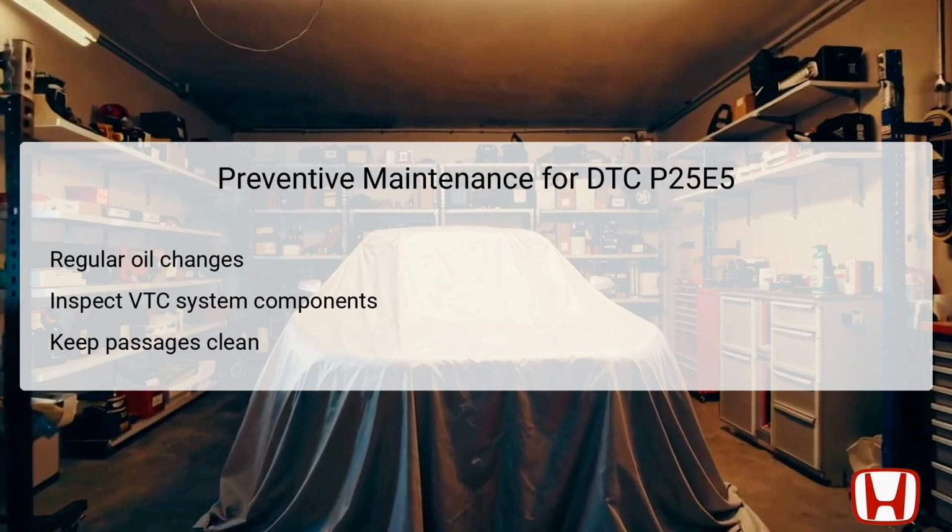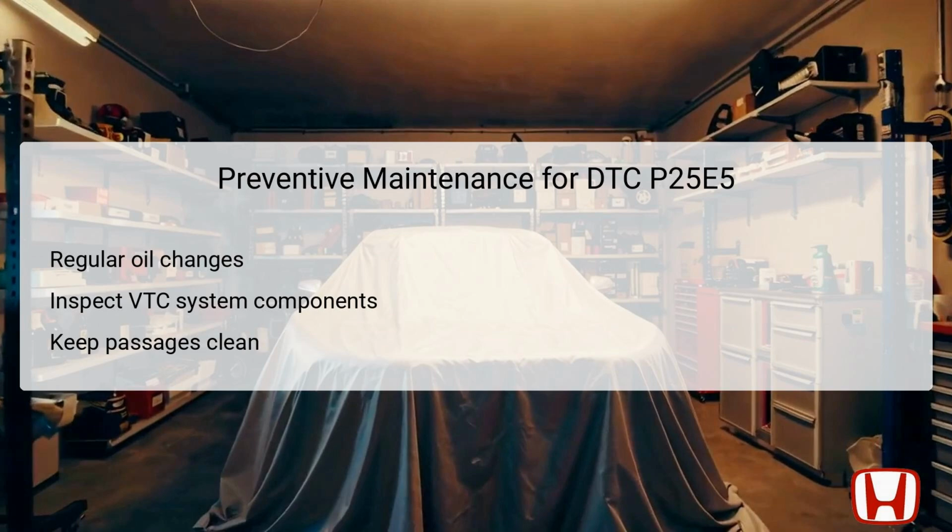Firstly, ensure that engine oil changes are performed regularly according to the manufacturer's specifications. Fresh oil not only maintains proper lubrication, but also helps in the smooth operation of the VTC components. Secondly, routinely inspect the VTC system components, including solenoid valves and oil passages.